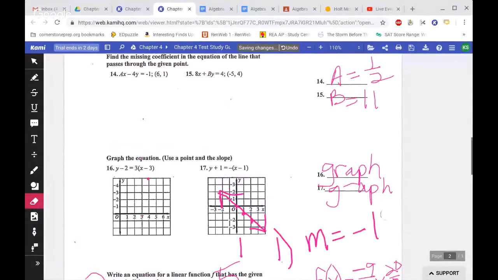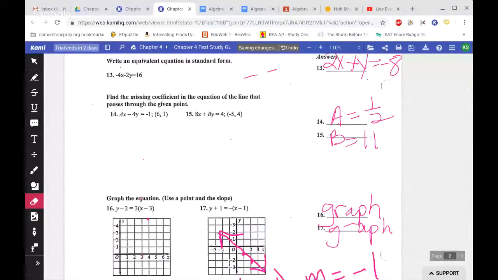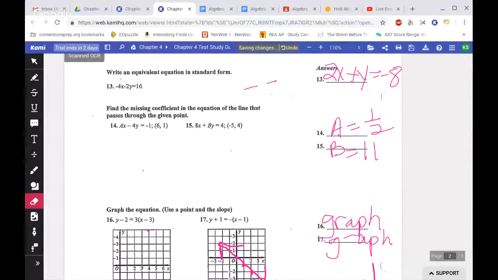Miss Sparks, can you scroll up one? For what, honey? For number 13? Yes.